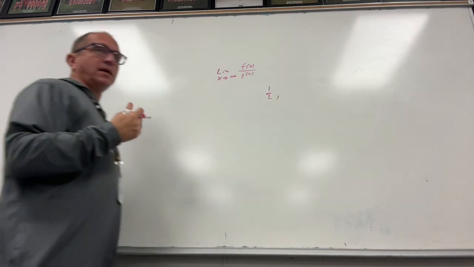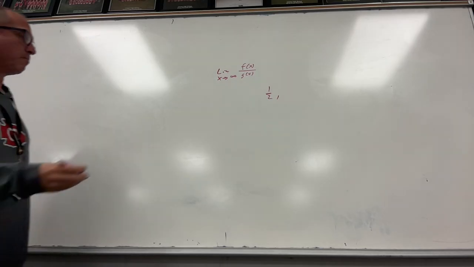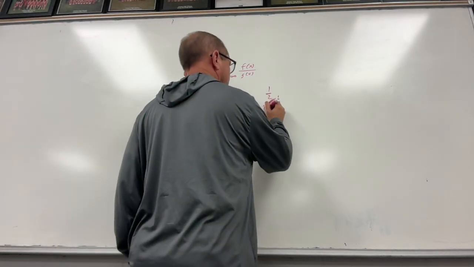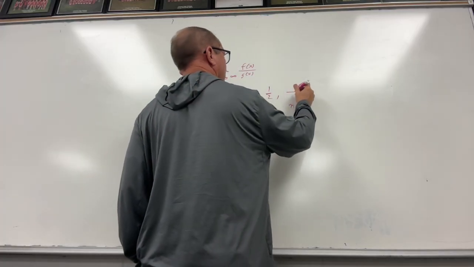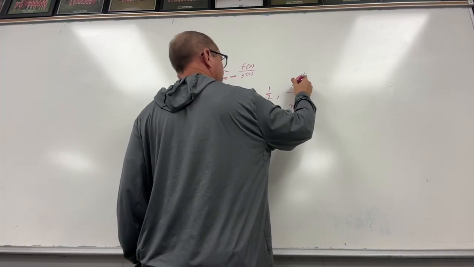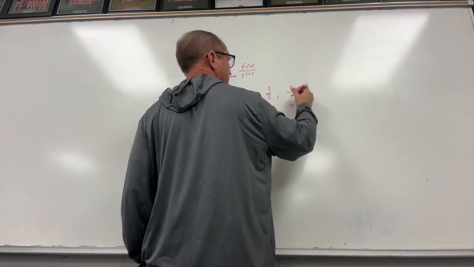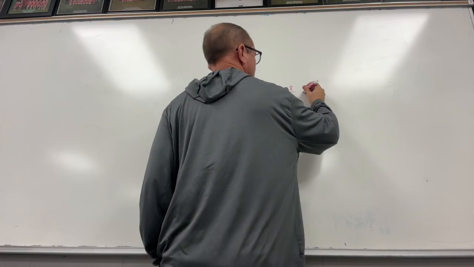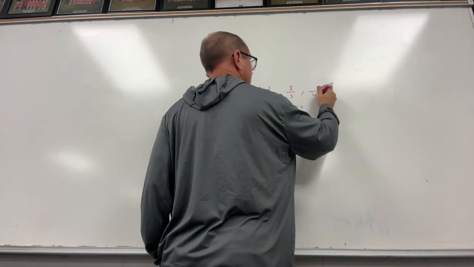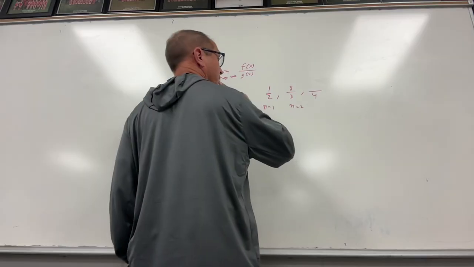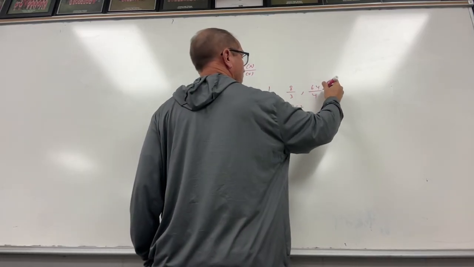I'm just going to write down several different fractions. So this is my first term, so I'm going to say n is equal to 1 here. Then n equals 2, and now I'm going to make that 8 over 3. Then this will be 4, and this will be 64.